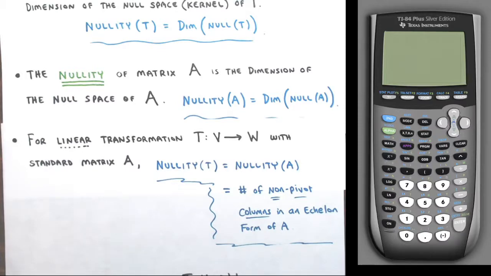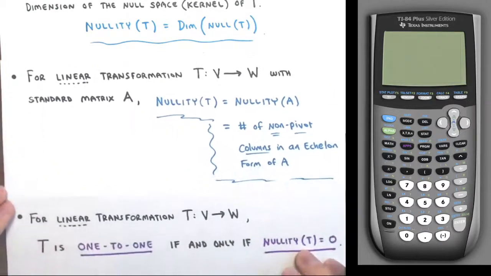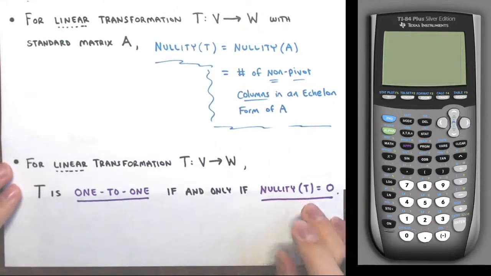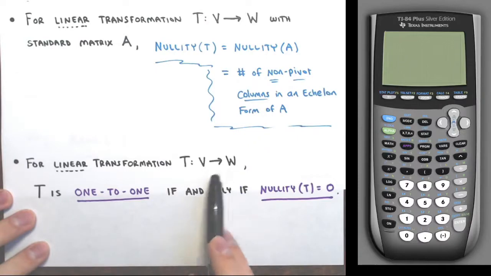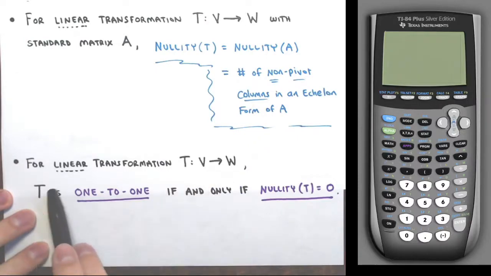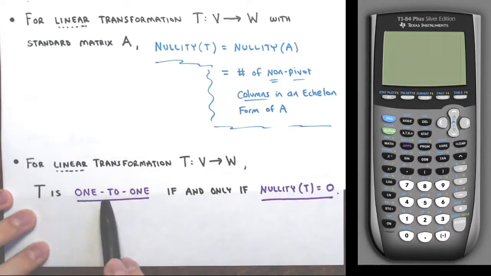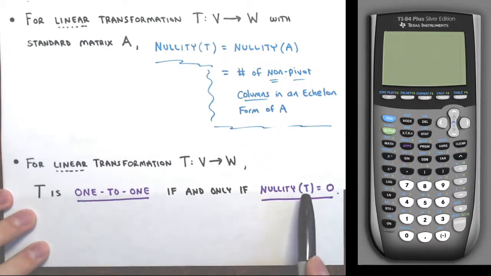And then another point to make about the nullity of a transformation. Again, for a linear transformation T from vector space V to W, the transformation T will be 1-to-1 if and only if the nullity of the transformation is 0.